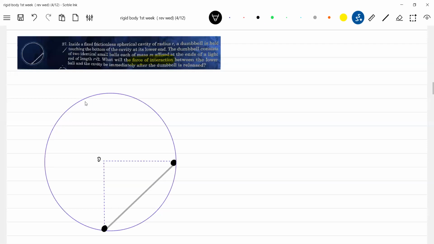Okay, there's a center. The reaction problem is very simple. Okay, it's a light rod. Rod of length r by 2, the radius of the cavity is smaller.